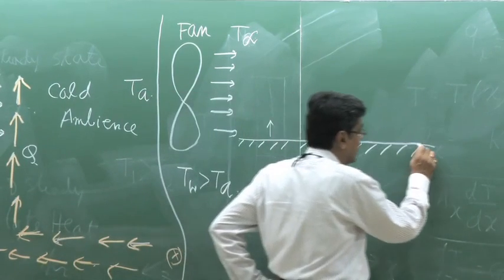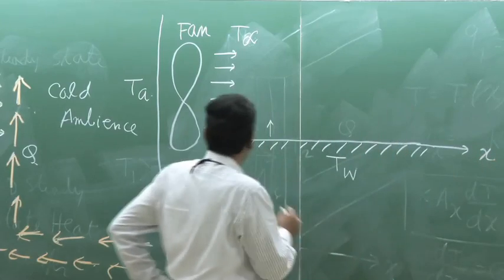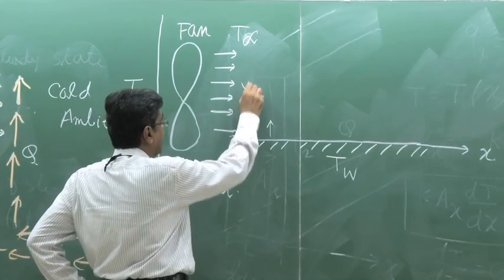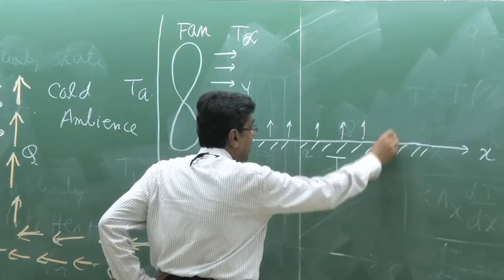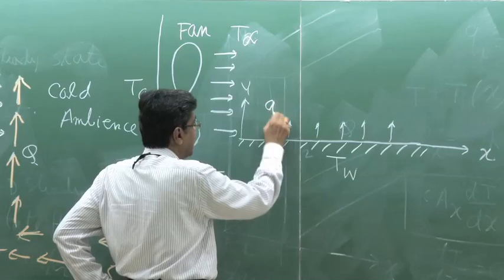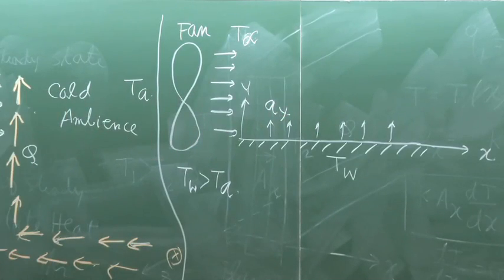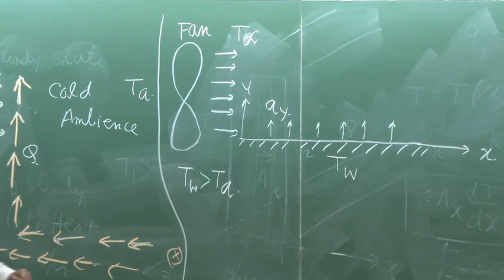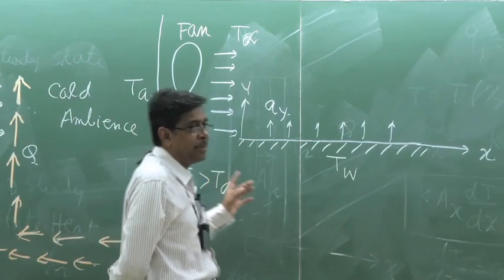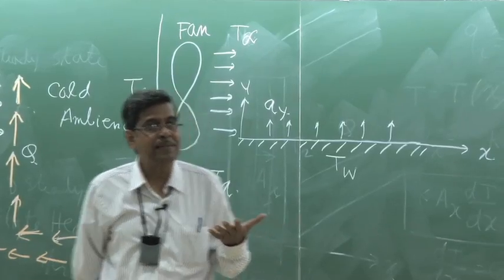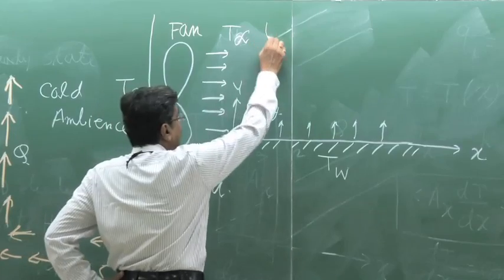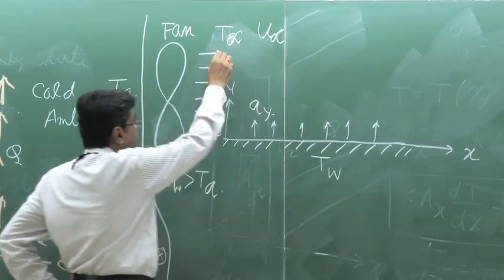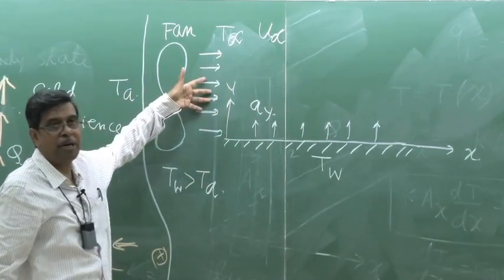Let us consider this as X and this direction as Y. So, we can tell that heat is flowing in this direction. At any point, we define this as a heat flux Qy. Now, you see one thing, that by our common experience, we know that if we increase the velocity, this is moving with a uniform velocity u infinity, which is coming out of the fan.